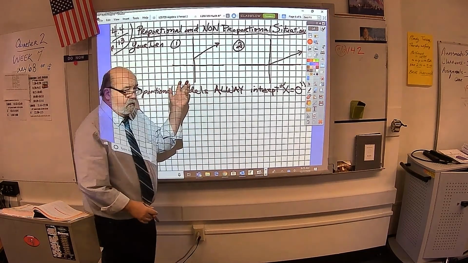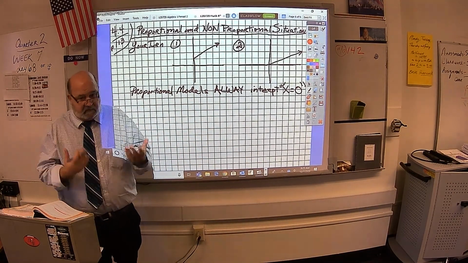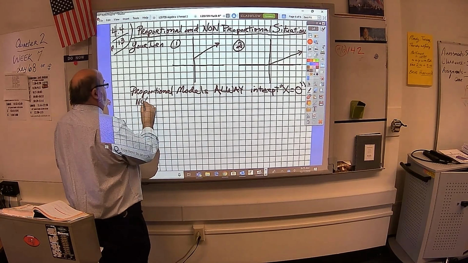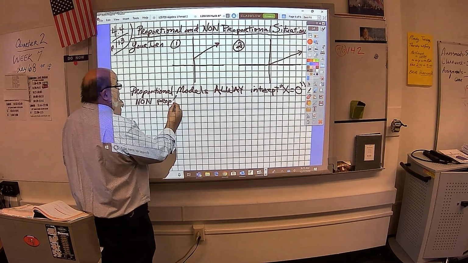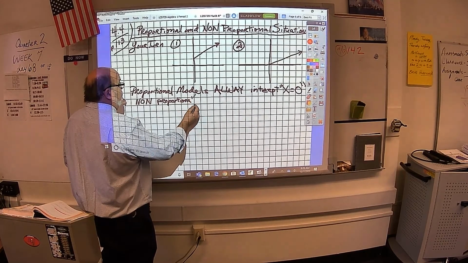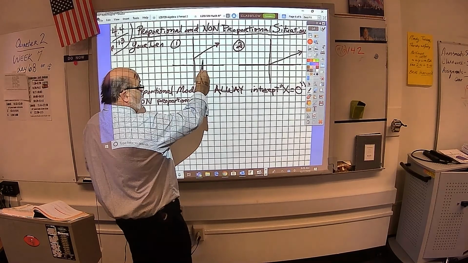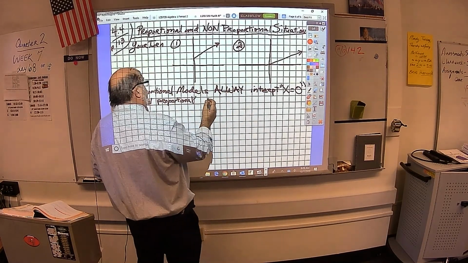Look at these two. One of them is proportional, the other one is non-proportional. We started out with this weeks ago, guys. It's not something new. For it to be proportional, we have to have x equals 0. Which one, 1 or 2, has x equals 0?